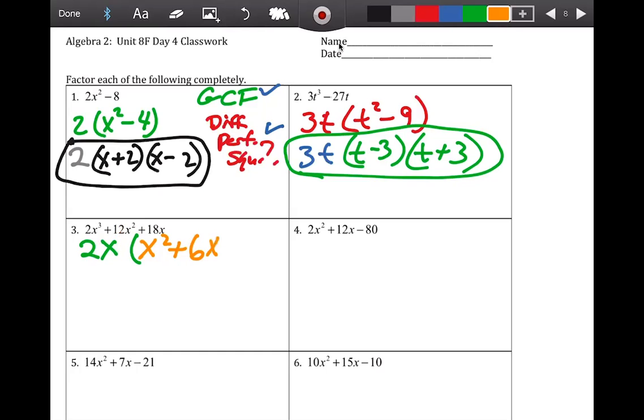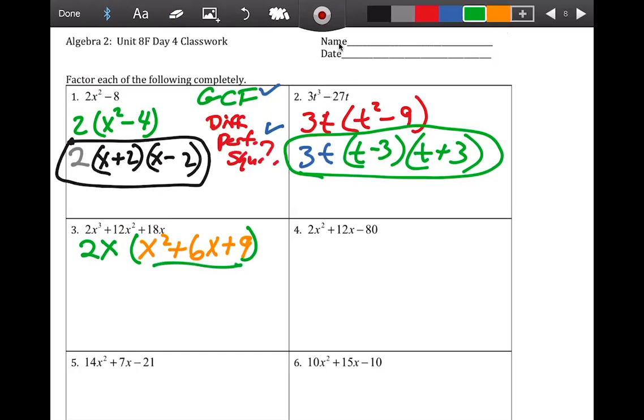And then the last one, 18x divided by 2x is 9. Okay, so that's nice. I like that.